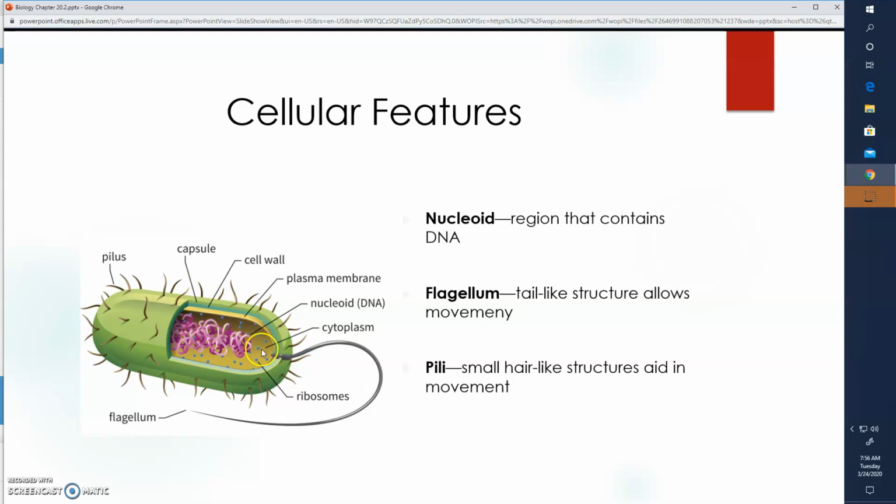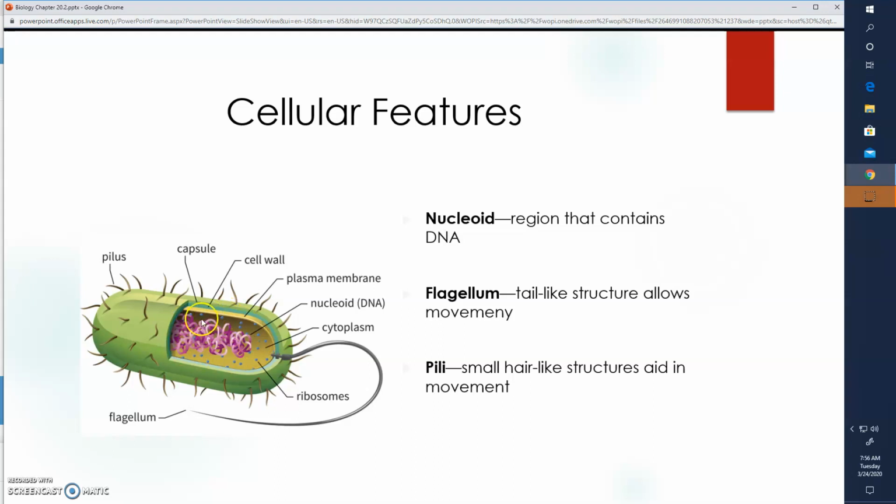And then the one organelle they do have is the ribosome. It's one similarity that they have. All the processes they do within the cell, I mentioned this way back in the beginning of the year, they're going to be able to do with enzymes and proteins they have within the cell. Some of them are going to be embedded in the cell wall or the cell membrane.